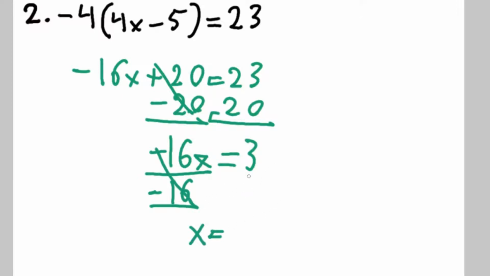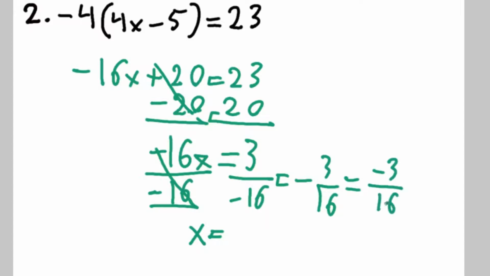Isolate the variable. And by the way, 3 over -16 is the same as -3/16, and it's the same as -3 over 16. So these are all equivalent.